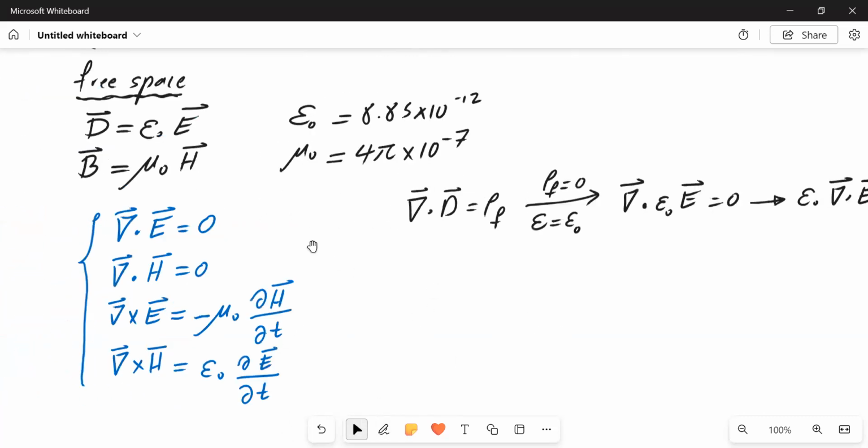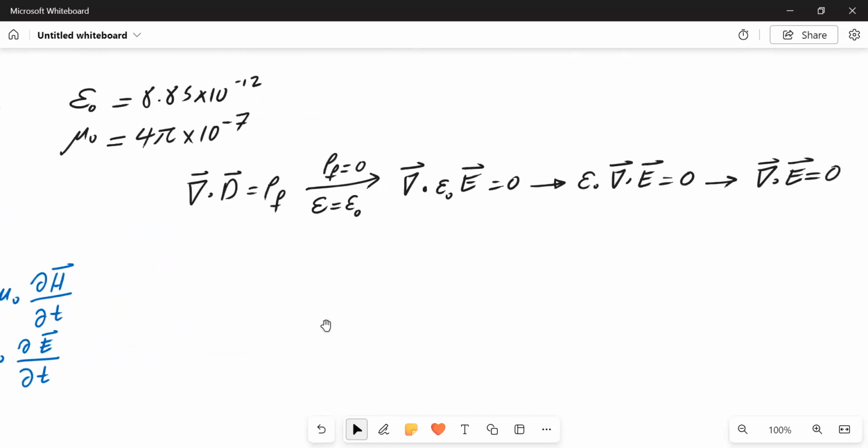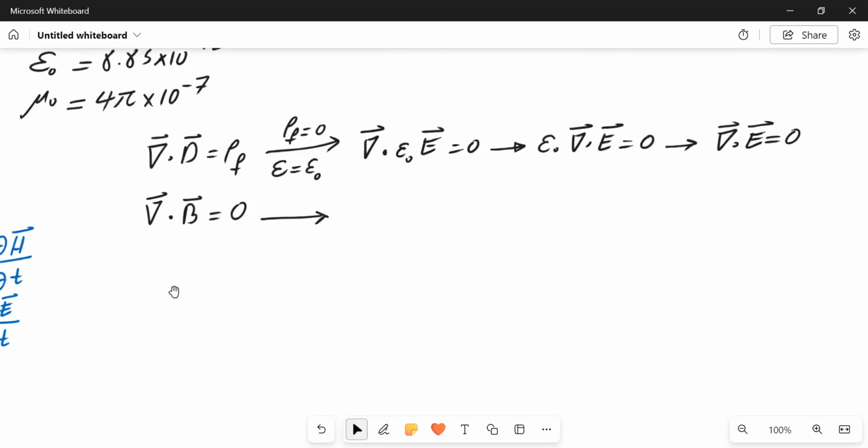That gives us the first equation. The second equation, which is about the magnetic induction, originally was in this form. Again, in a region in which there's no source, obviously the second equation doesn't involve a source, but in outer space, free space or vacuum, the permeability can be replaced by that of free space.